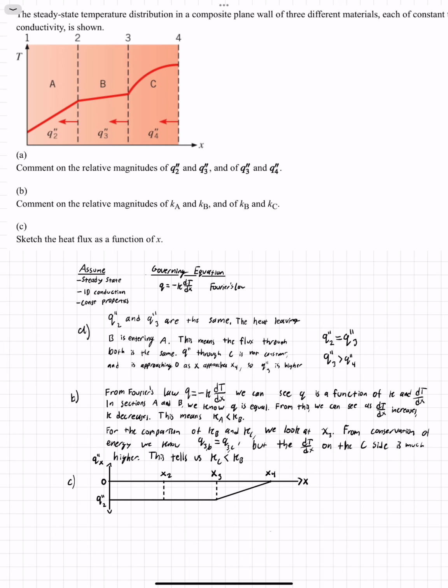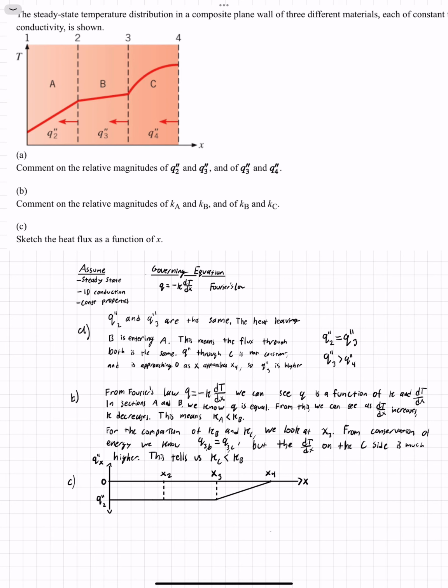Looking at sections B and C is a little bit more complicated, but not significantly so. We know from conservation of energy that q3 on the B side and q3 on the C side, meaning the heat flux on either side of line 3, must be the same. However, looking at dT/dx, on the B side it is significantly less than on the C side of line 3.